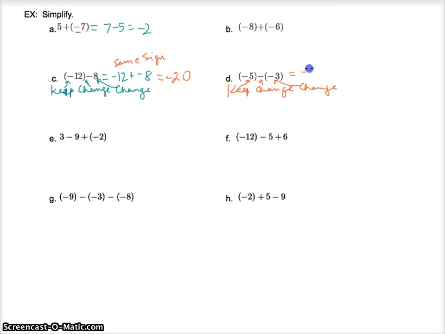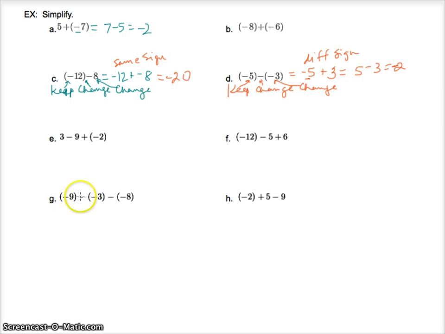So that is negative 5 plus the opposite of 3. Different signs, so I'm going to subtract. So I'm going to have 5 minus 3, which is 2. And then the negative 5 is bigger, so I'm going to have negative 2.